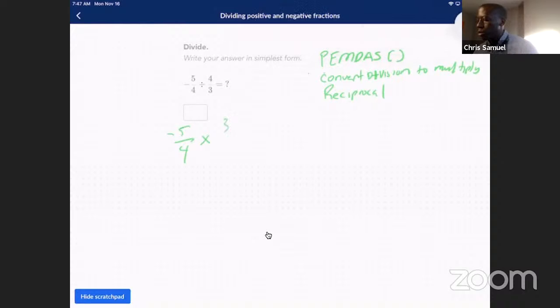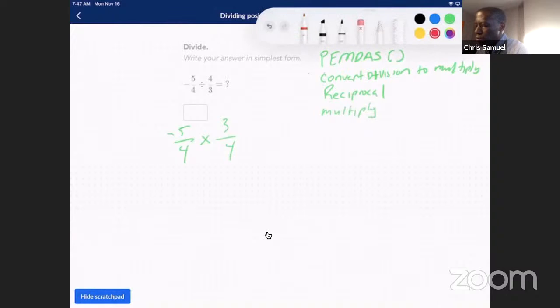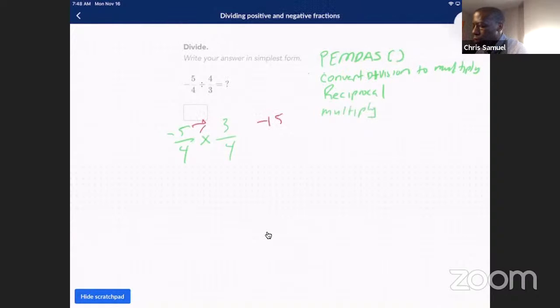It becomes 3/4. Then after we take the reciprocal of 3/4, we multiply. And we simplify.